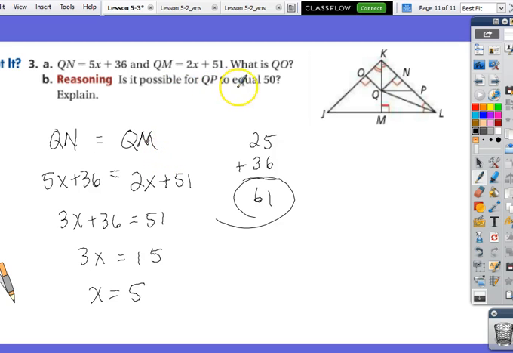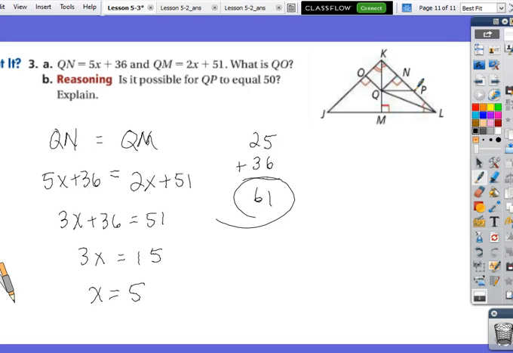So, would it be possible for QP to be 50? Why not? Why is it not possible? Is QP the distance from Q to this line?